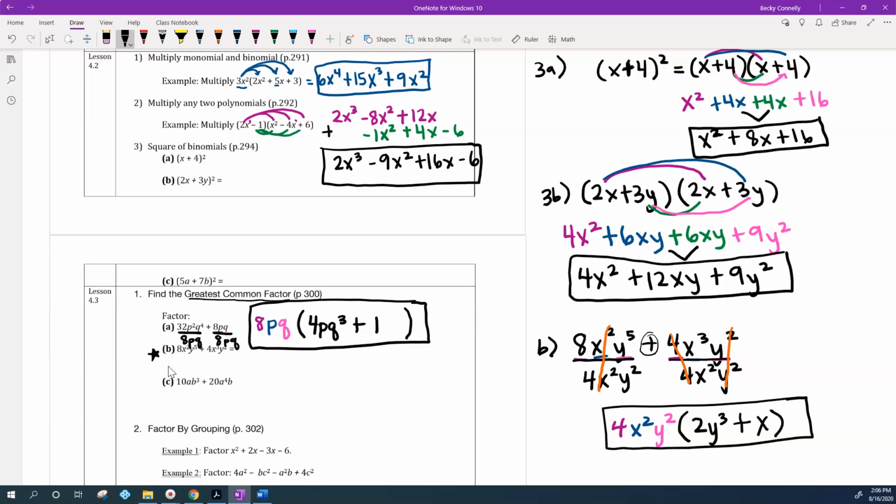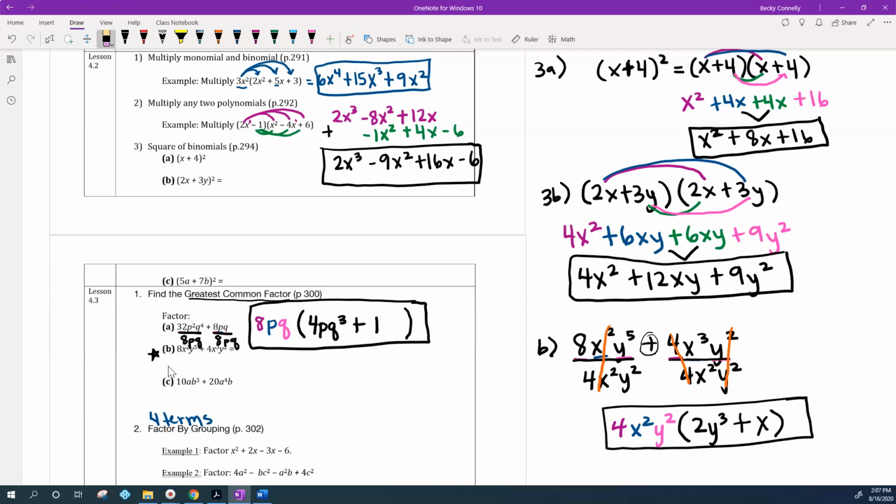All right, on number 2, though, we're going to be doing something called factor by grouping. Whenever you have 4 terms, that's when you want to do this factor by grouping. So when you have 4 terms, which is what you see we have down here, x squared plus 2x minus 3x minus 6. Remember, terms are separated with add and subtract signs.